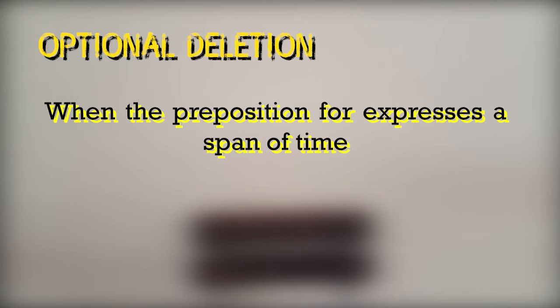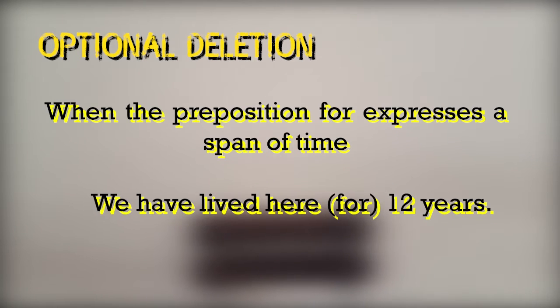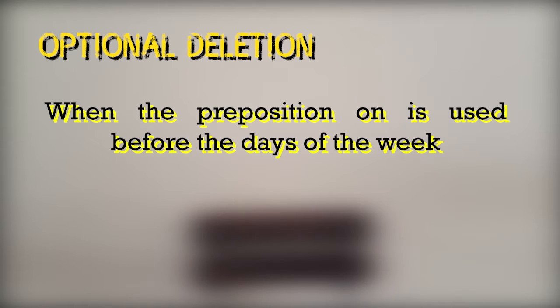Optional deletion. First, when the preposition for expresses a span of time. For example, we have lived here for 12 years, where the preposition for can optionally be deleted. Next one is when the preposition on is used before the days of the week.